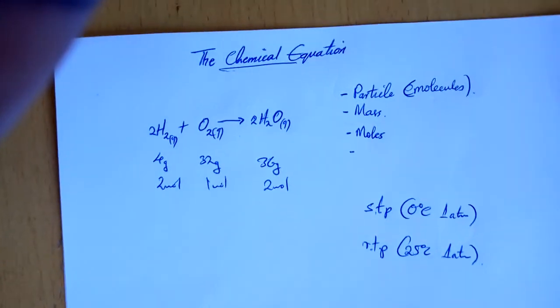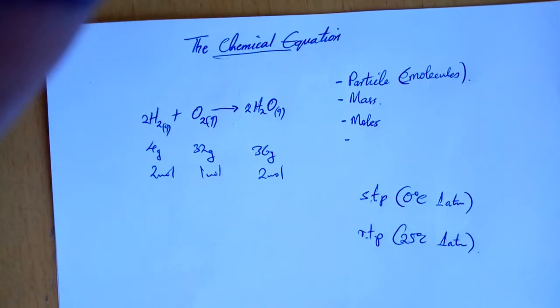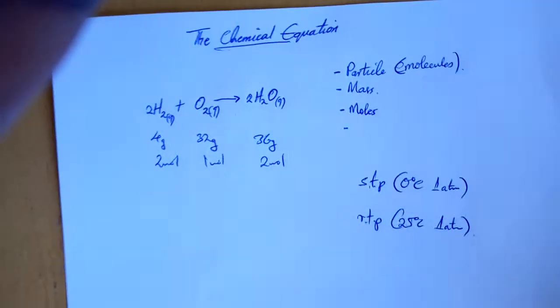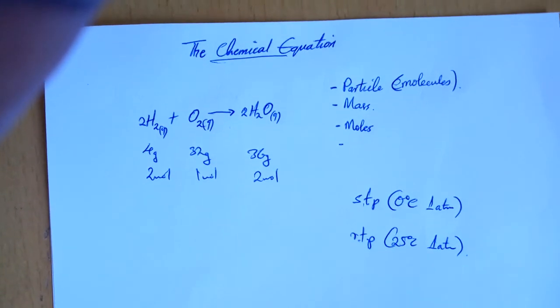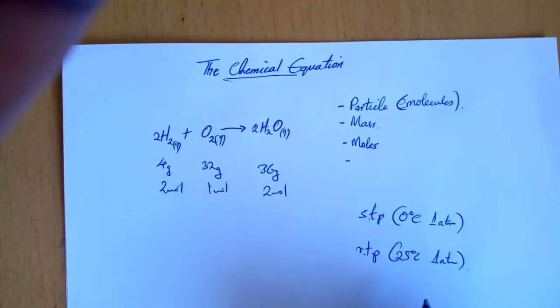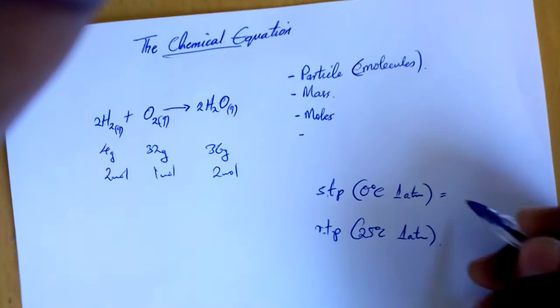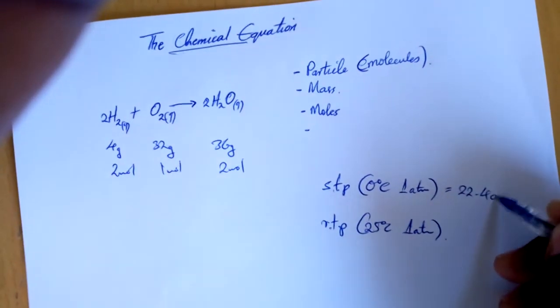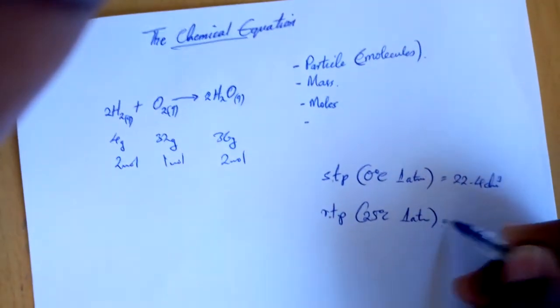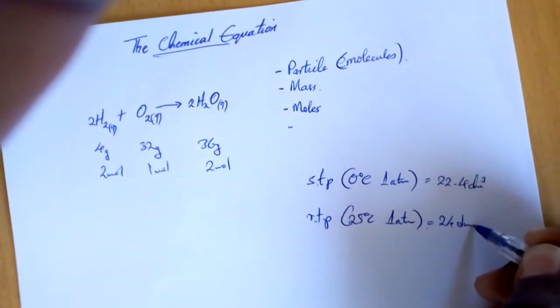Therefore, gases easily expand and they easily contract. Therefore, they are really affected by minor changes in pressure and temperature. So you have to state the conditions. Remember, at STP, 1 mole of a gas occupies 22.4 decimeter cubed of volume. And then at RTP, 1 mole occupies 24 decimeter cubed, or liters.